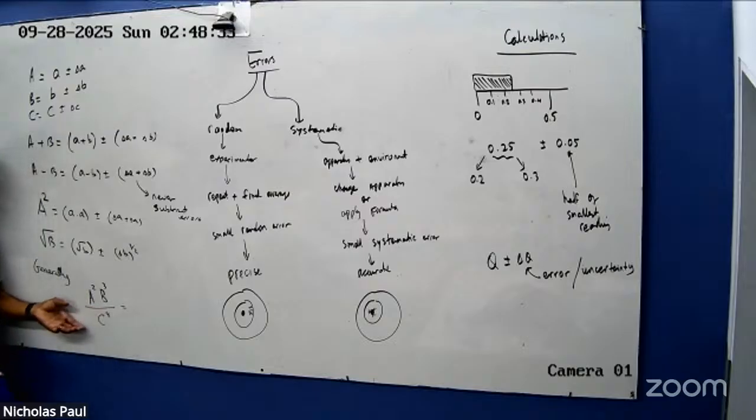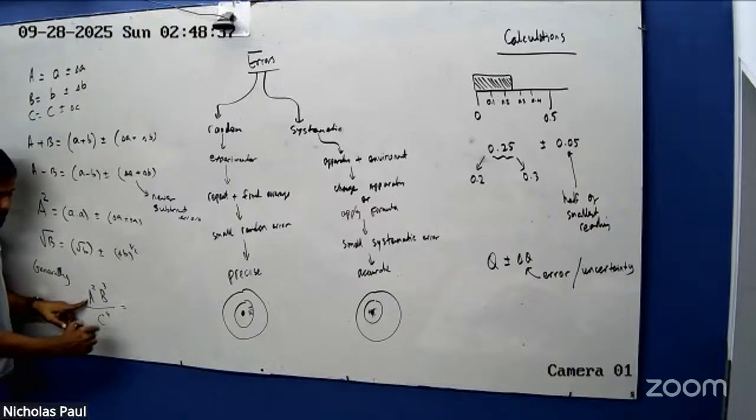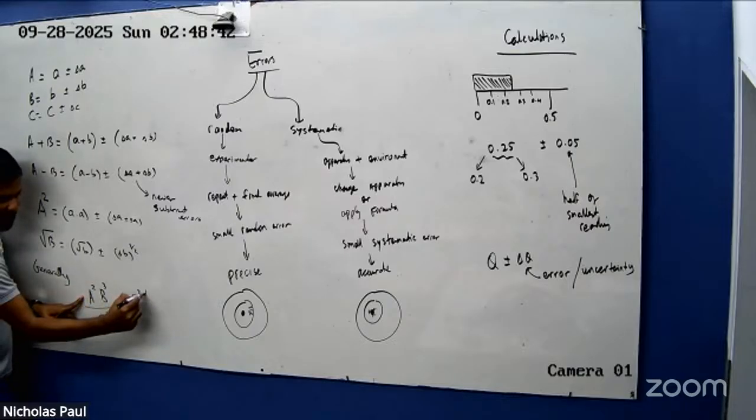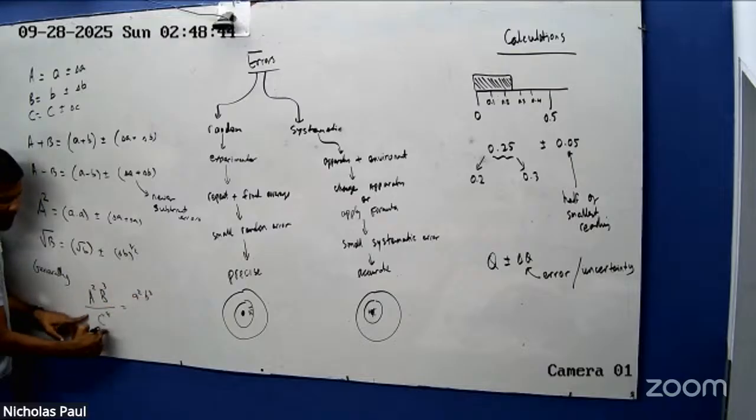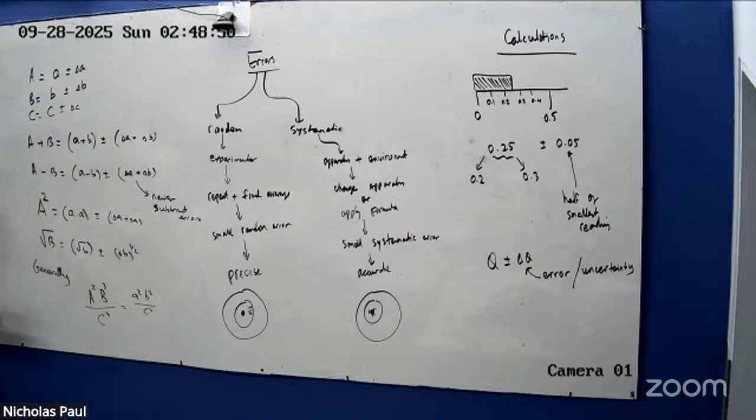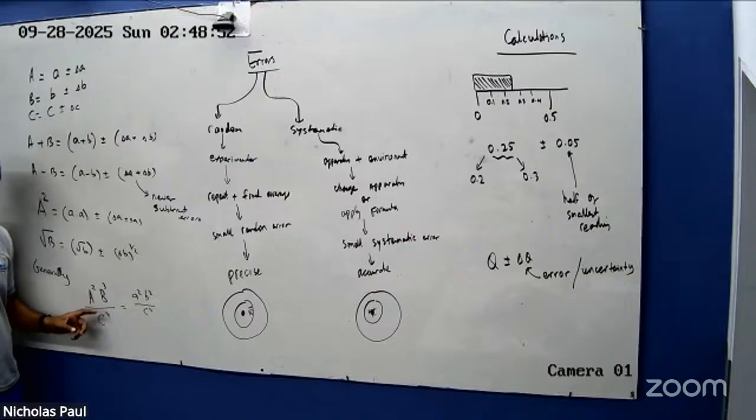To find the error, you work it out like normal: take the value for a squared, the value for b cubed, the value for c to the power of 4. And then you have to cater for all the errors in here. I'll show you how to get it.